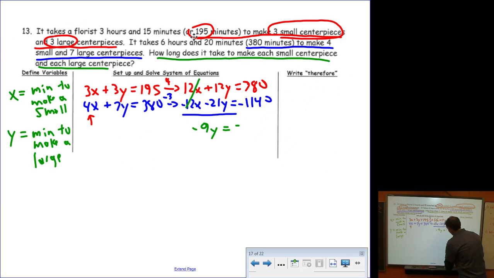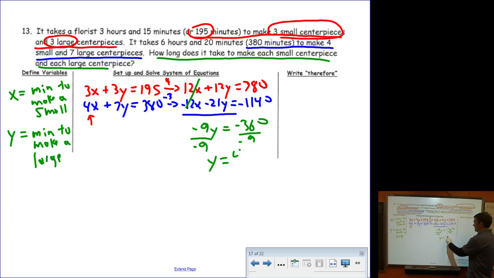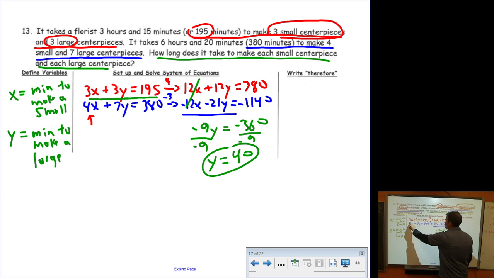So when I add those together then, I get negative 360. And then when I divide by negative 9, I get y equals 40. And I would probably go ahead and plug that back into this equation.